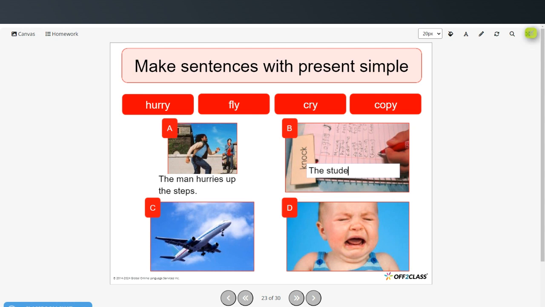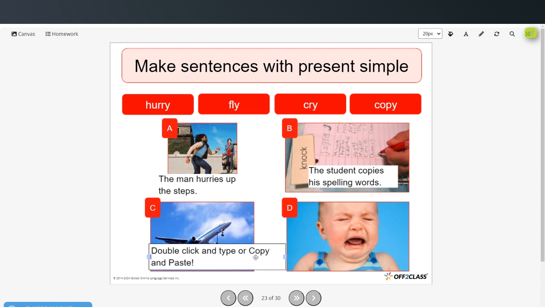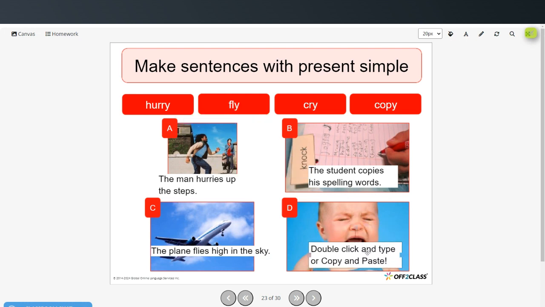The student copies his spelling words. Plane flies high in the sky. And the baby cries when he is hungry. And you might have slightly different sentences, but that's the general idea.